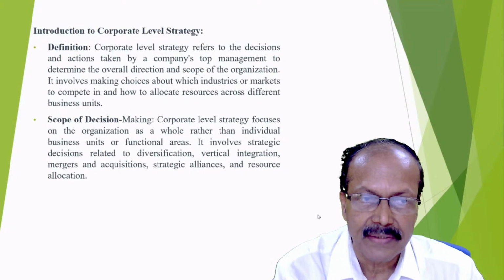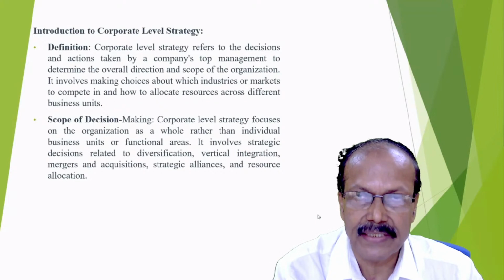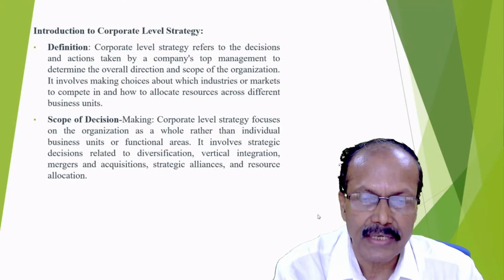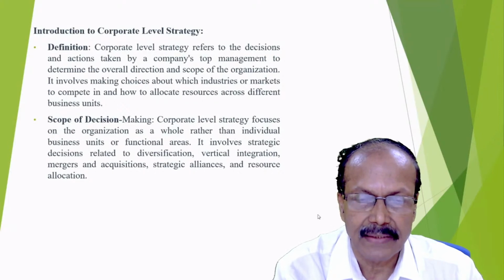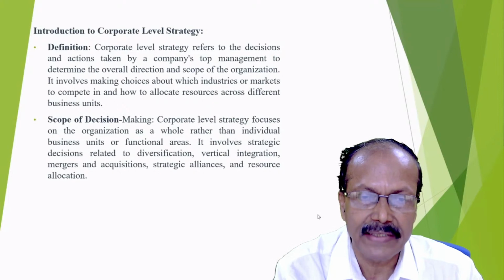It involves the strategic decisions related to the area of diversification of the company's business, either related or unrelated product or services, and then with respect to vertical integration, that is includes the backward integration or forward integration.